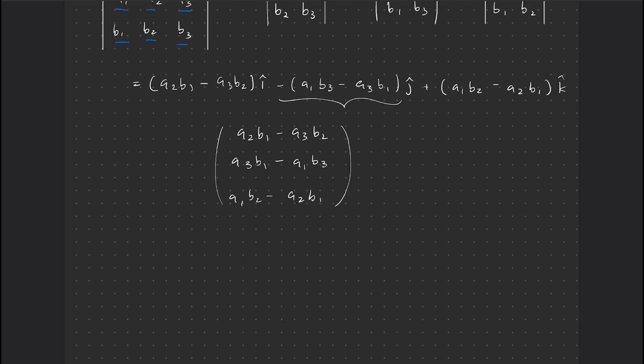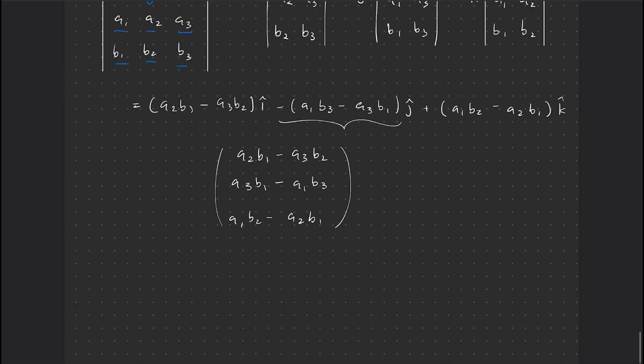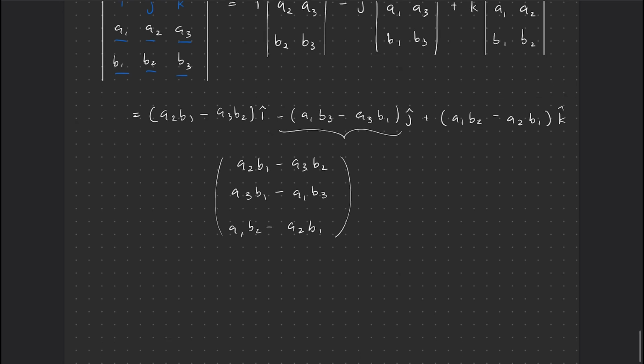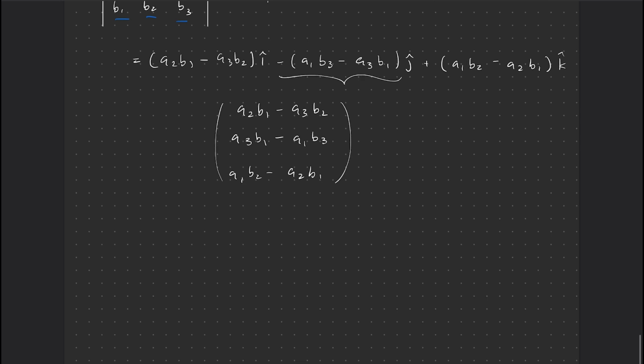Notice that this gives us a vector instead of a scalar like our dot products. That's an important thing. Similarly to the dot product, we can write this using trigonometry. It's a bit different because this is a vector, so we need a unit vector to define it. So we have a cross b equals the magnitude of a times the magnitude of b times sine of theta, the angle between them, times some normal vector.